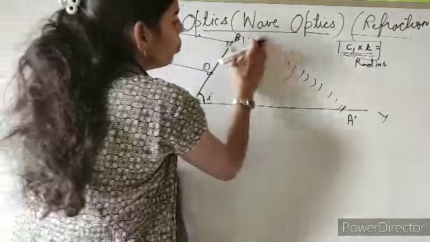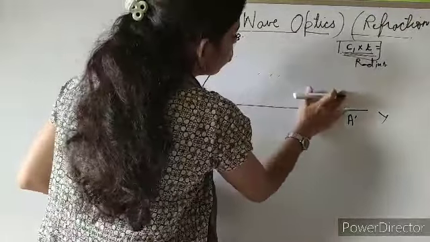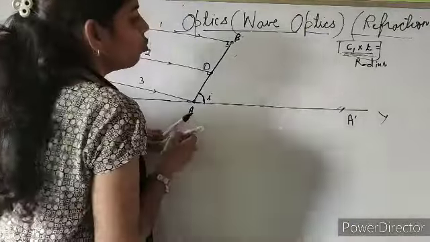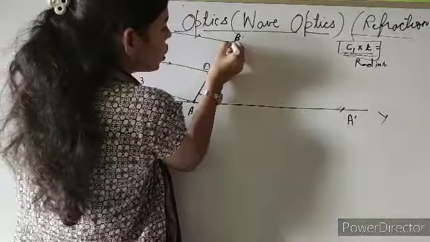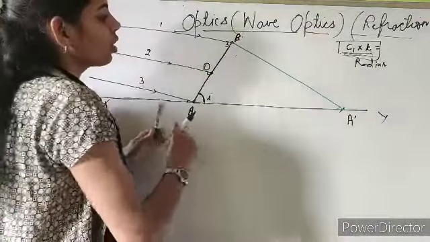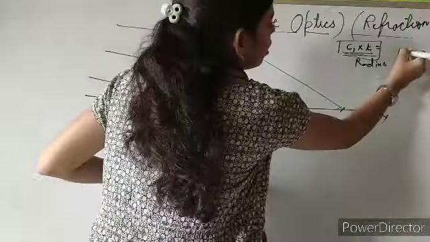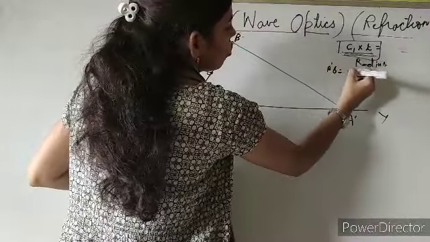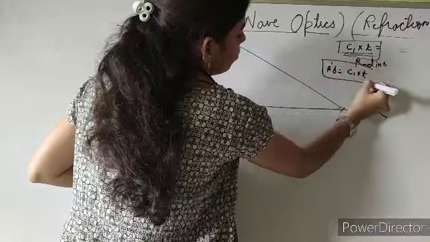This I told you in the last class. So secondary wavelets from point B would travel to point A dash, and let us join this. So students, the distance A dash B is equal to c1 into t.